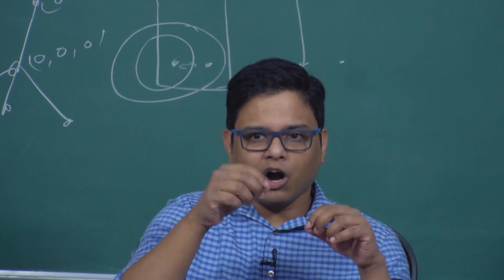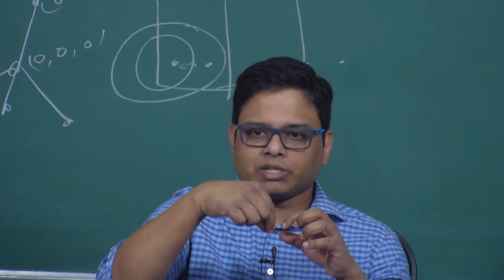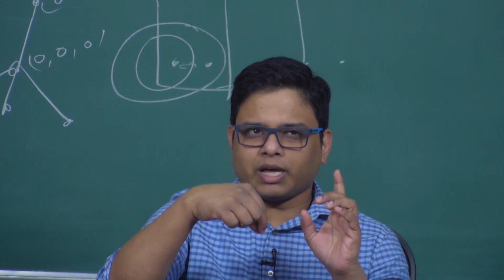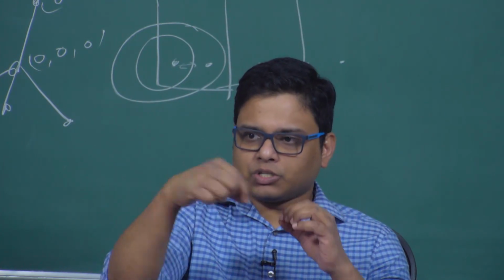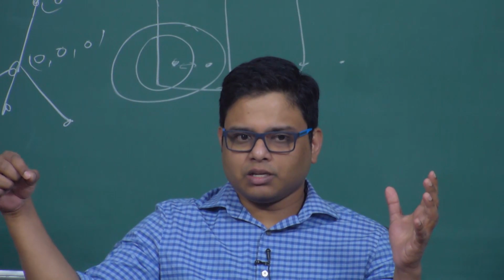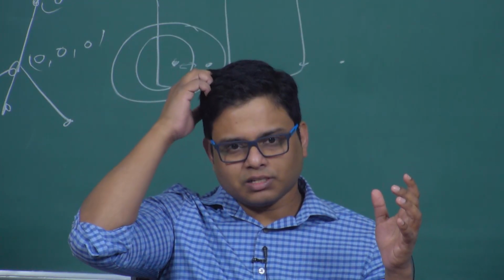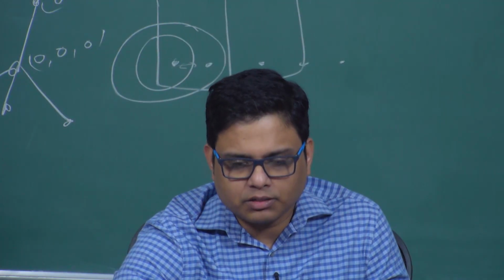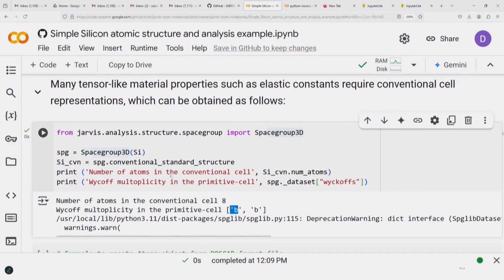It's basically, if you put an atom, how many times it will be automatically replicated based on symmetry. So if it's just 1, I believe A equals 1, B is 2, C is 3, and so on. I think the max is up to G. So here you can see it's B, right? So you can get the Wyckoff multiplicity.